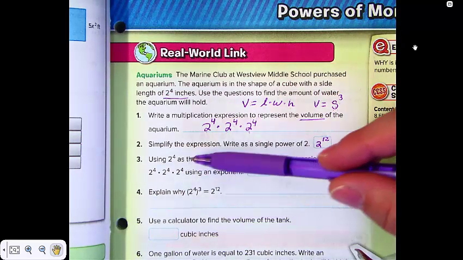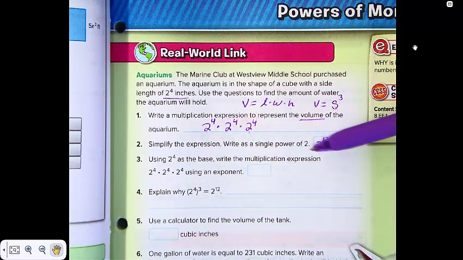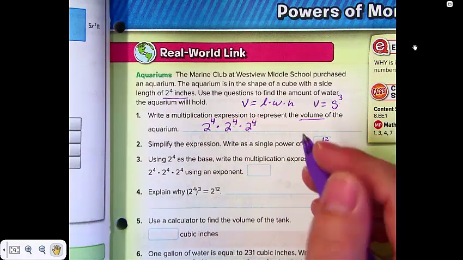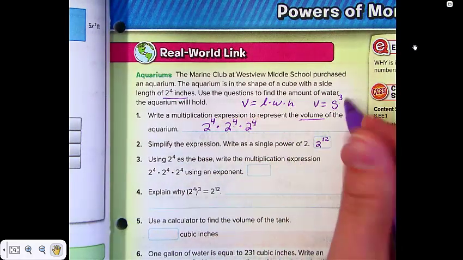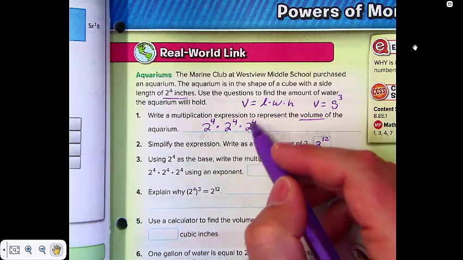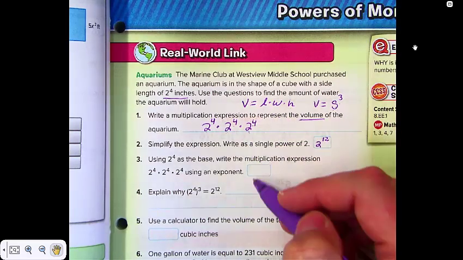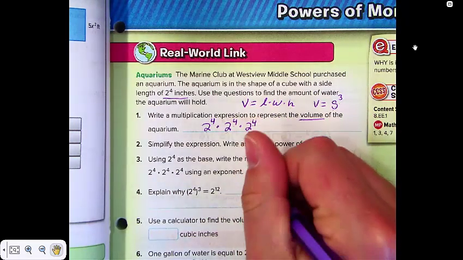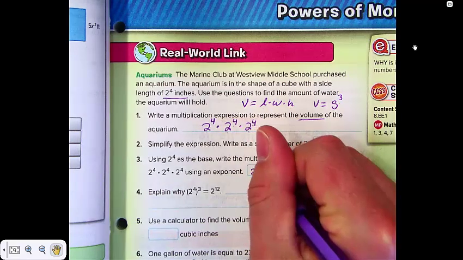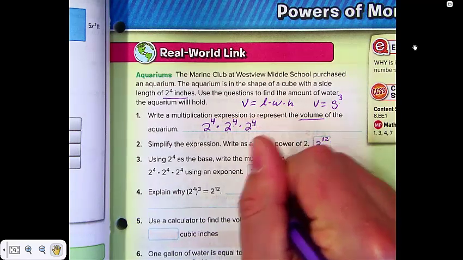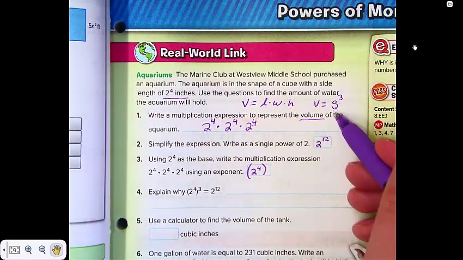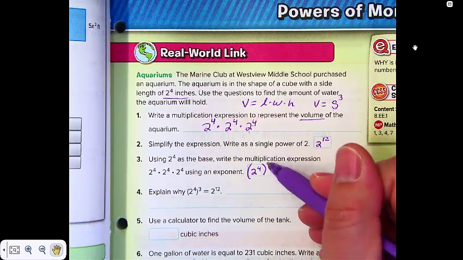Now, using 2 to the 4th power as the base, write the multiplication expression 2 to the 4th times 2 to the 4th times 2 to the 4th using exponents. So another way to do this, and this goes back up to this formula, is that we're going to take 2 to the 4th, which is our side, and then raise that to the 3rd power.